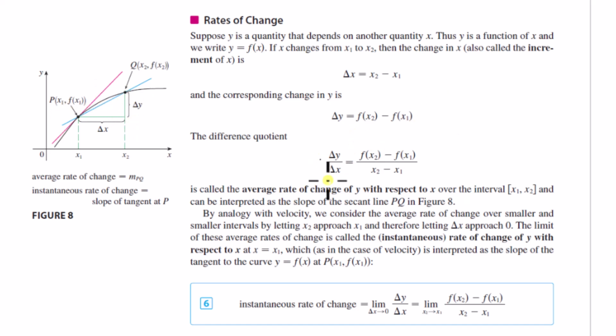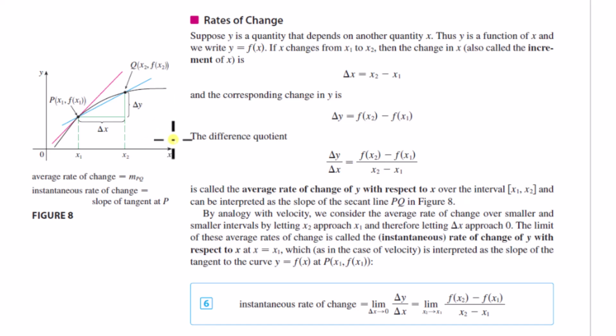And so the overall difference quotient becomes this really simplified delta y over delta x. It's called the average rate of change of y with respect to x over the interval from x1 to x2, and can be interpreted as the slope of the secant line PQ in figure 8.